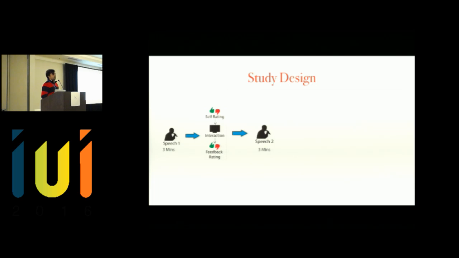After that, they gave a second talk and repeated the process, and after the third talk, they just rated themselves, not the interaction anymore. So between the first 2 interactions, one of the interactions was with the original AutoManner interface, another one was with the placebo interface. This was counterbalanced.